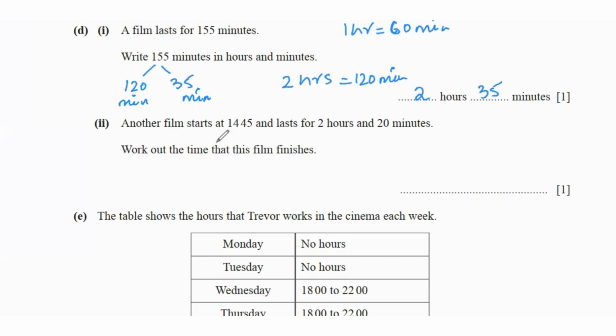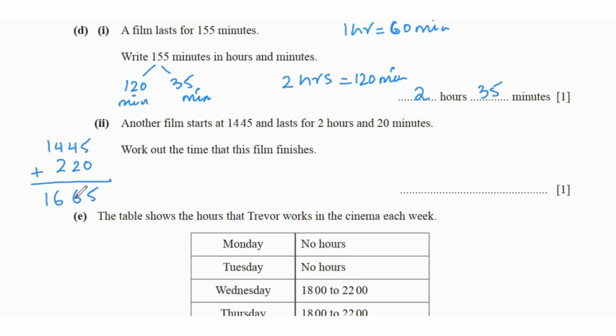That's your answer. Then another film starts at 14:45 and lasts for 2 hours and 20 minutes. Work out the time that this film finishes. So we're going to add 14:45 and 2 hours and 20 minutes. So that's 5, that's 6, and that is 16. Now, your minutes cannot be greater than 60 because 1 hour has 60 minutes.